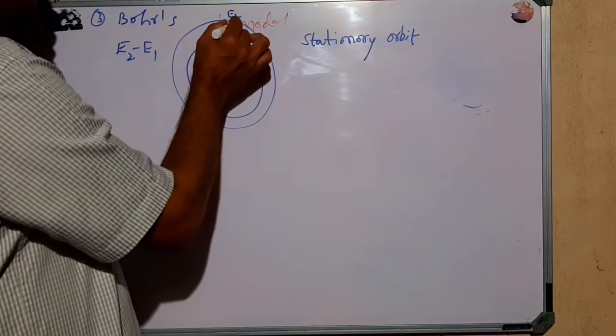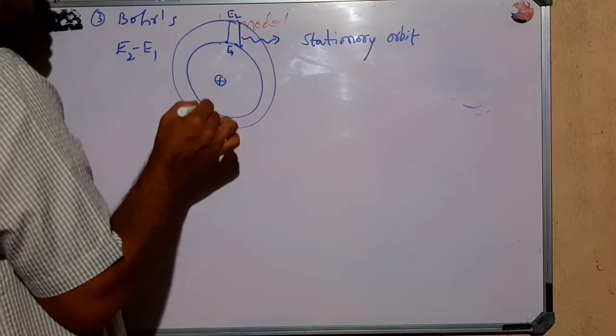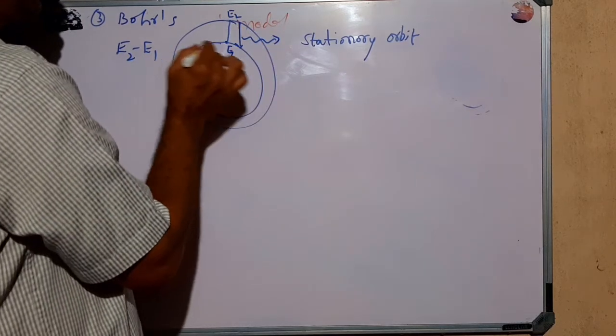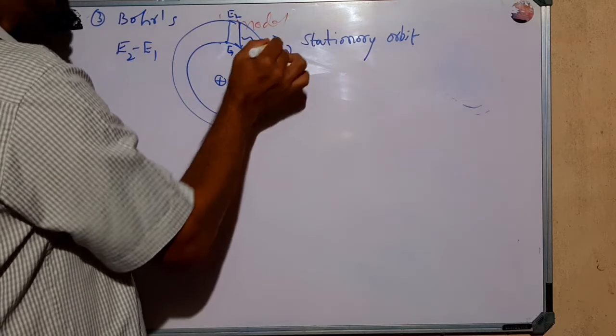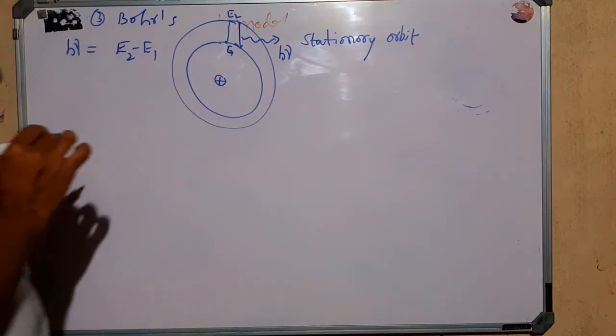During the de-excitation, it emits light. This is equal to h nu. h nu is equal to E2 minus E1.